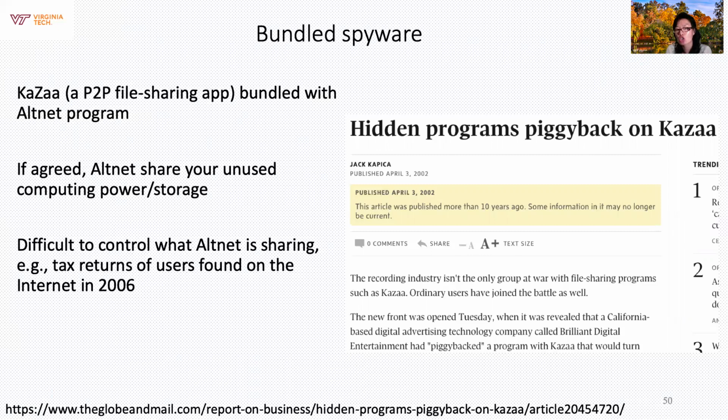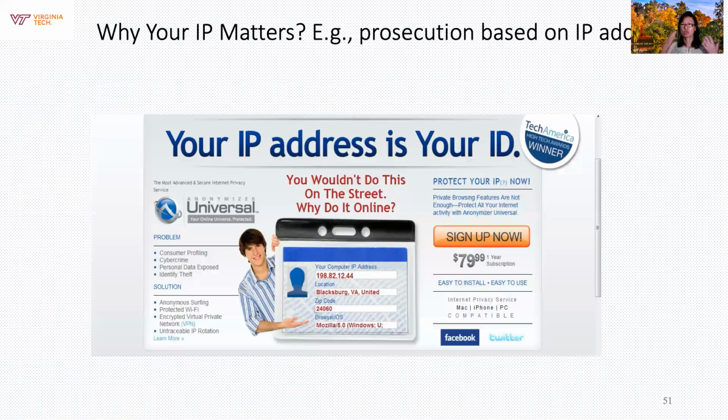It turns out it also has bundled software that uses your computer's free cycles, but somehow this bundled software overshares, and the tax returns of users got published. So extremely scary, and you want to know that when you download something, it does what it's supposed to do and nothing more.